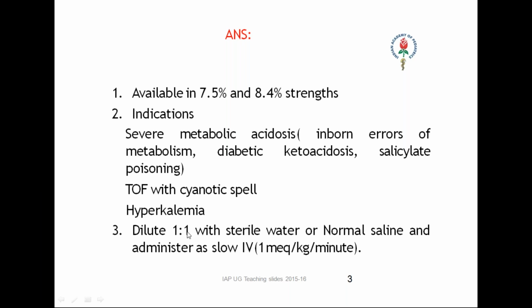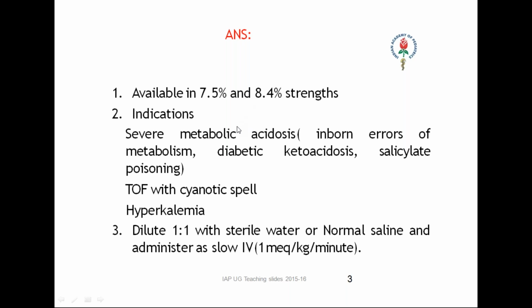What happens in hyperkalemia? In hyperkalemia we expect metabolic acidosis. So when you give this bicarbonate, there is a shift of potassium into cells. So an intracellular shift will happen, so that we reduce your potassium levels. So hyperkalemia will be reduced when you give sodium bicarbonate.